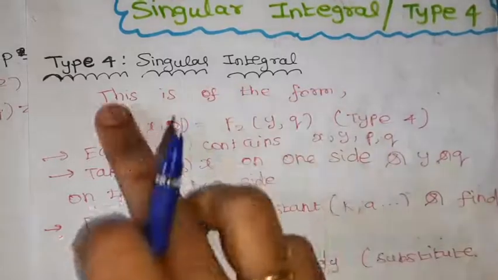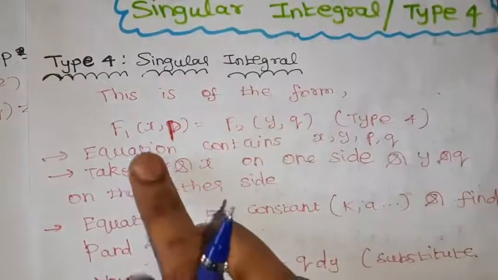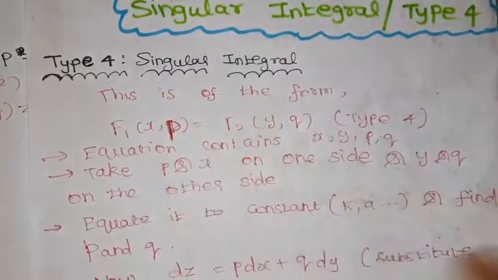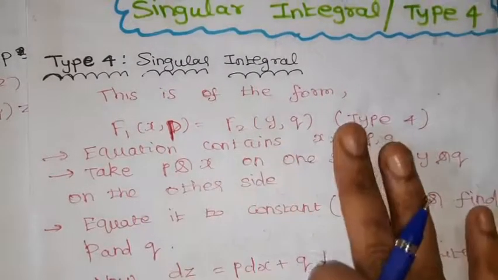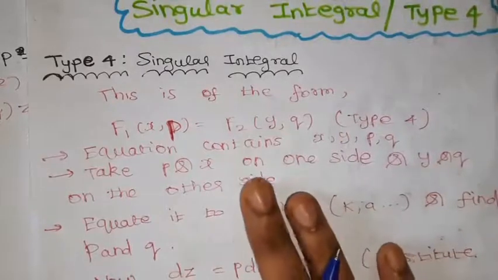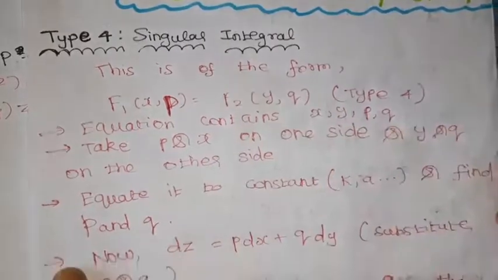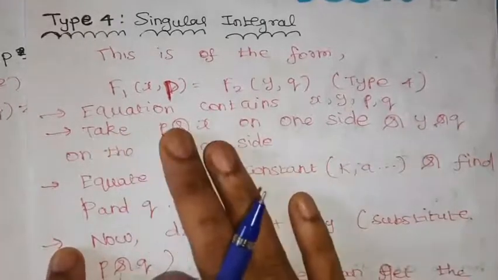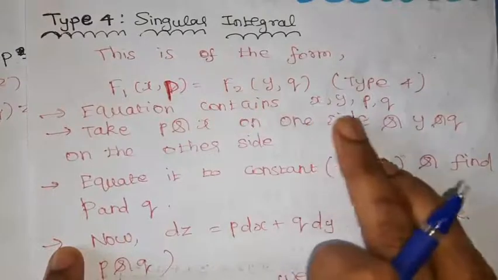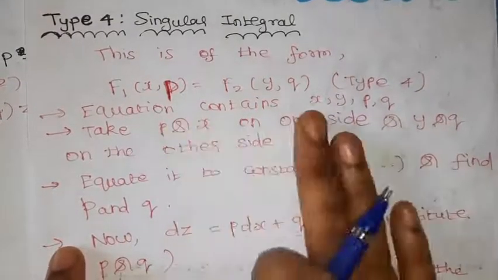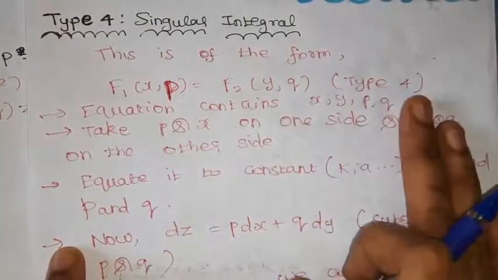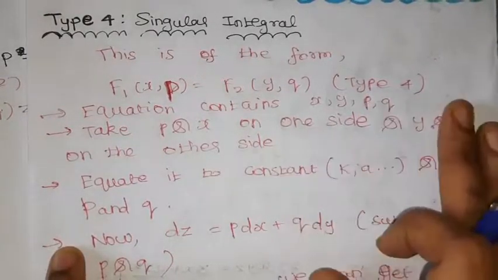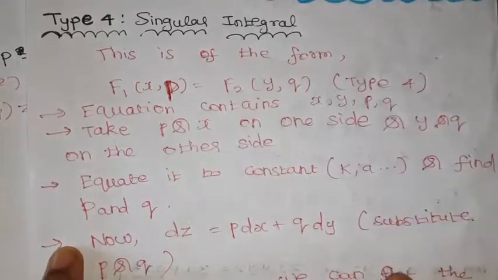If the given equation contains x, y, p, q, then we can say it is a type 4, right? So now we have identified the type. Which type? Type 4. Then how to proceed next?